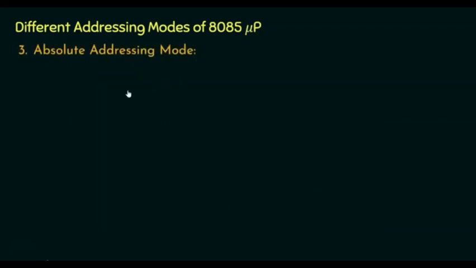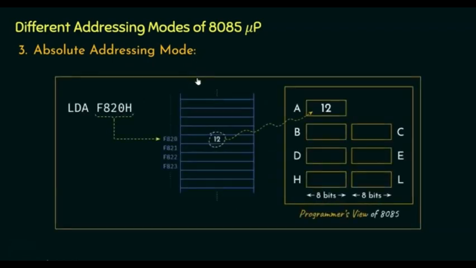Coming up, the next addressing mode, absolute addressing mode. The execution of the instruction LDA F820 was the example of this type. Notice, in this instruction, we are not specifying the register, neither we are giving the data immediately, rather we are specifying the absolute address or the actual address where inside the memory the data is residing.